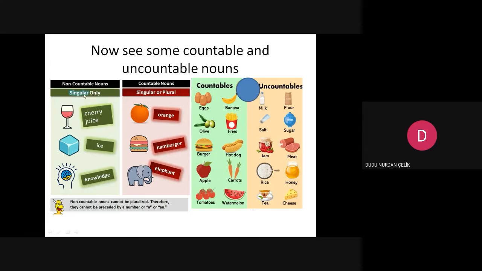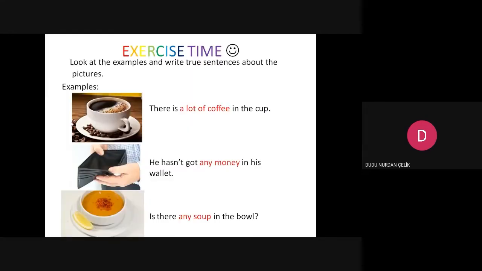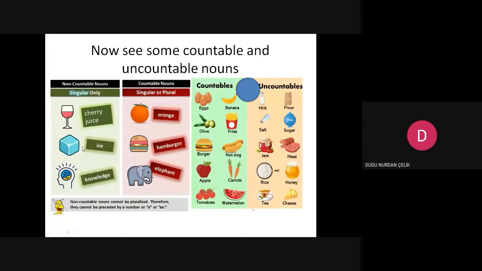Just singular. Cherry juices? No, definitely not. We must say just cherry juice. Ices? Never ices. You cannot say ices. Just ice.